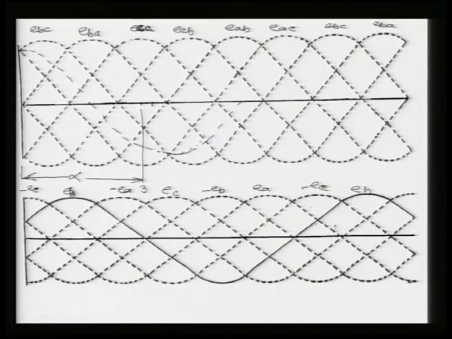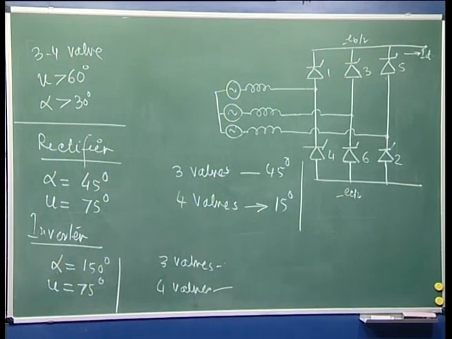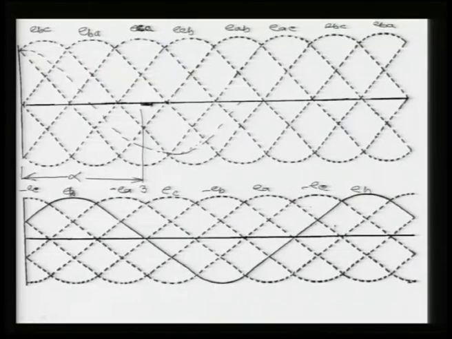So the 15 here, it will go up to this half of this, so it will be 0. Okay. And then once the commutation is over between 6 and 2, the output voltage will be 1, 2, 3, and we are going to have our output voltage here.